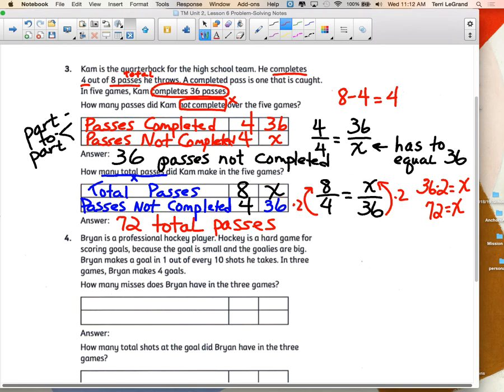Remember they told us that in the beginning. What's 36 plus 36? Does your calculator help? Okay, there were 36 he made, 36 he did not complete. That would make 72 altogether.